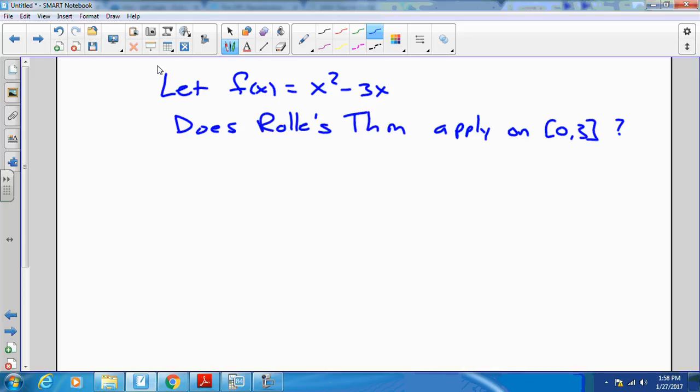We would have a given function, we would have a given interval, and now we would ask, on this interval, are we guaranteed a point of horizontal tangency?